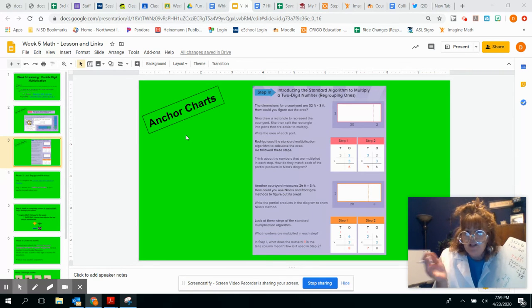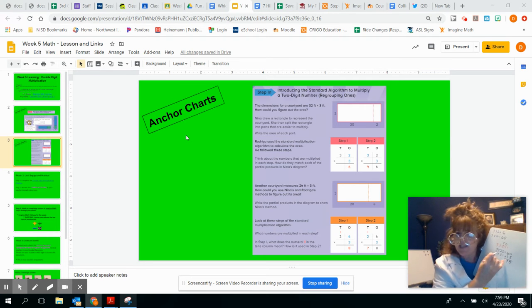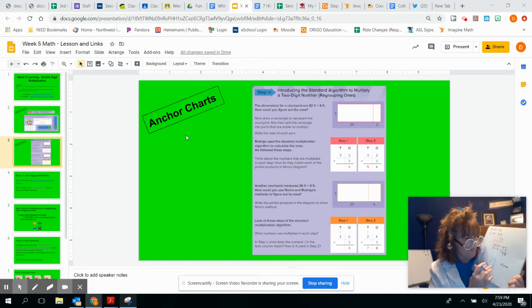Now we get to the fun part, the algorithm, where we stack them. So if we had taken the same problem, and we have the 25 times the 3, well, 3 times the 5 ones, well, that's 15 ones. But I can't put all of those ones down here. So I have to go, okay, I'm going to leave the 5 ones and take the 10 ones and trade them for a 10.